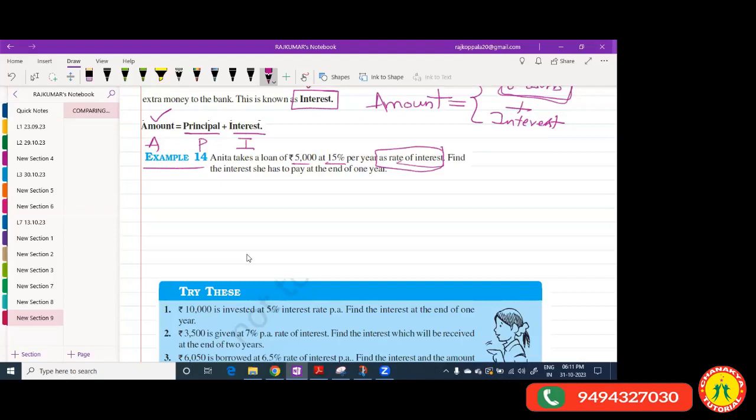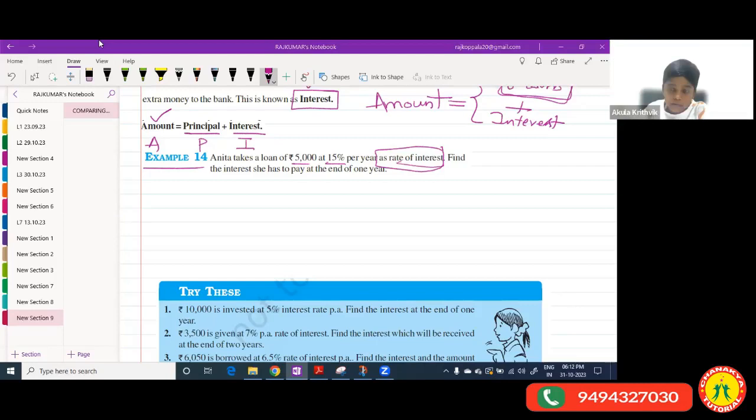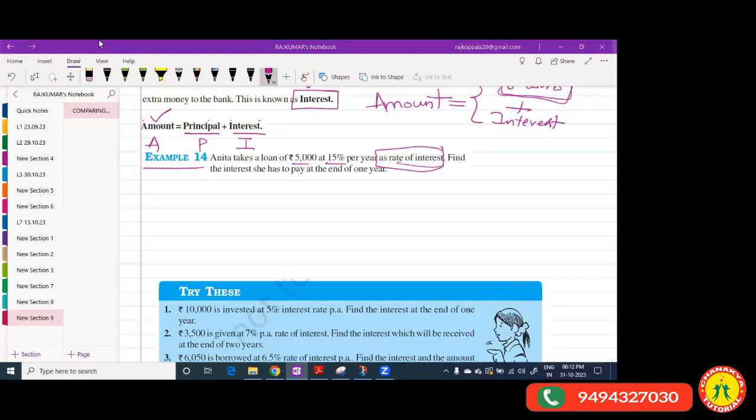So we have to calculate the interest. Anita takes a loan of 5,000. That 5,000 is the principal.